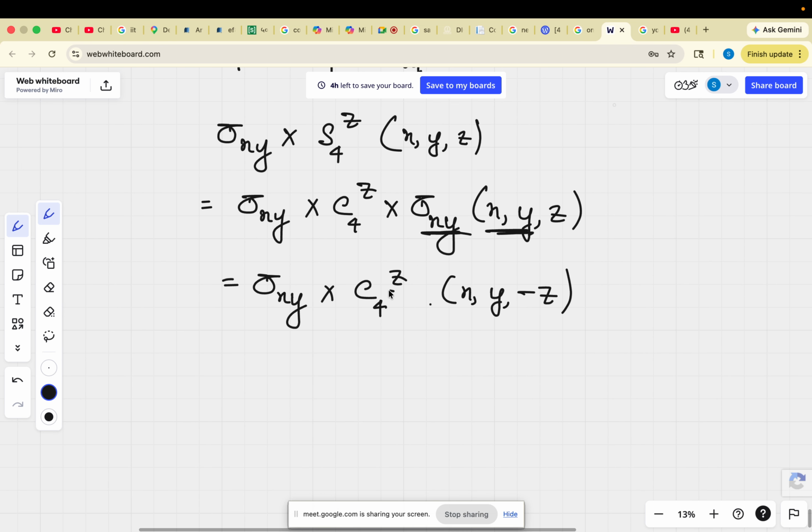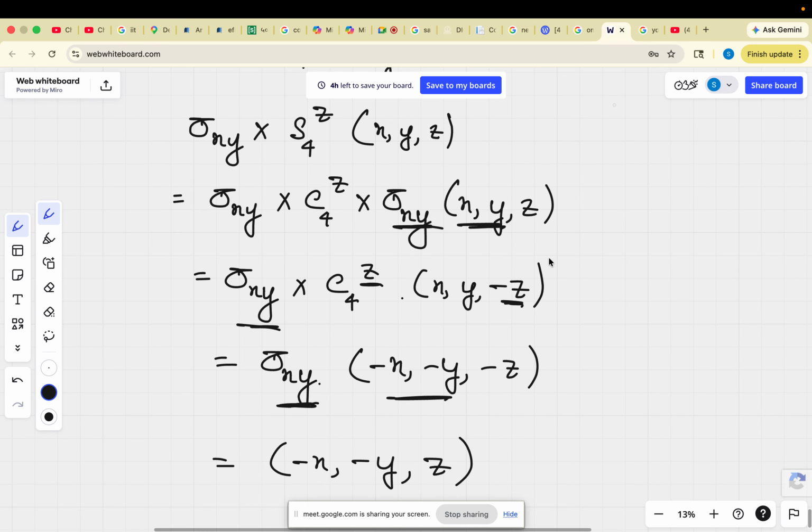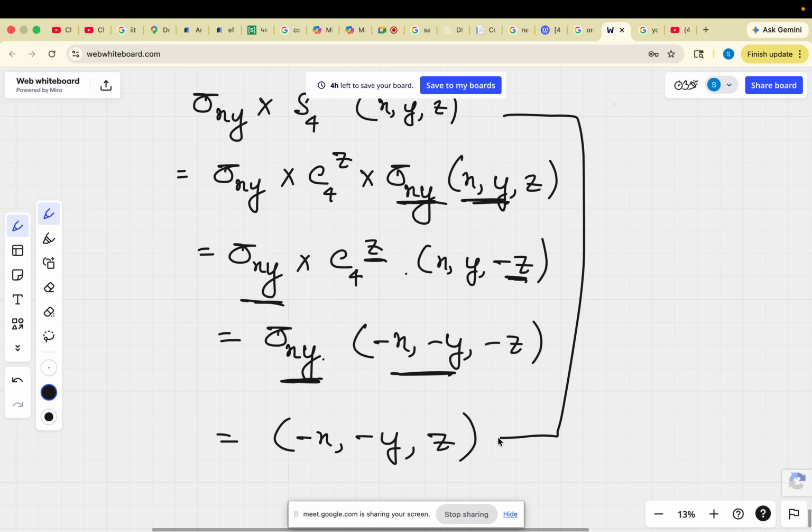Now see, C4Z, so z is here, so z will not change, the other two will change. Keep in mind sigma xy is kept here, x and y will change, so I will get minus x minus y minus z. Now sigma xy, so this xy will not change, z will only change. So what will I get? Minus x minus y and z. How can you get directly from here to here? Sigma xy. If you apply sigma xy, you will get it directly from here.